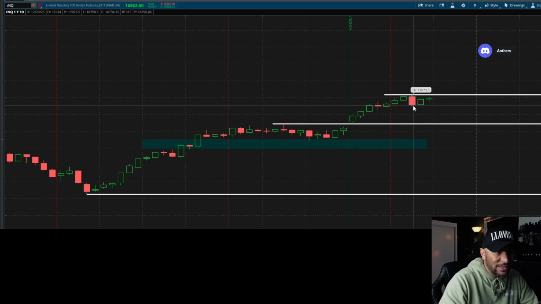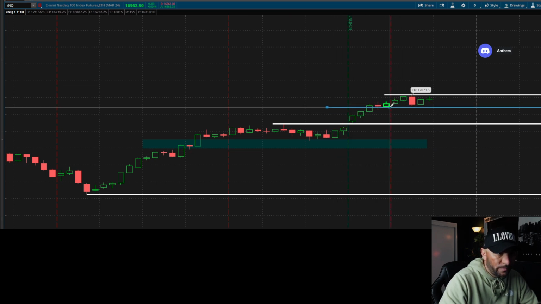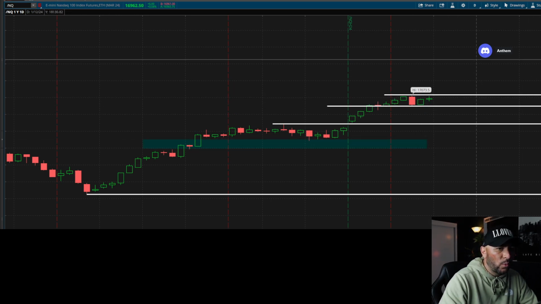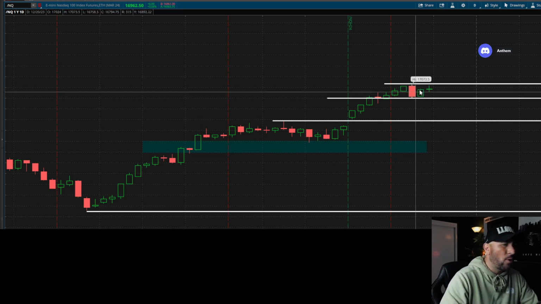But you can notice the last 2 days here, we're kind of holding this area. If I was to draw a little bit of support here, we have support at around 16,747. So we've got about 250 points worth of range that we're currently in, present day.